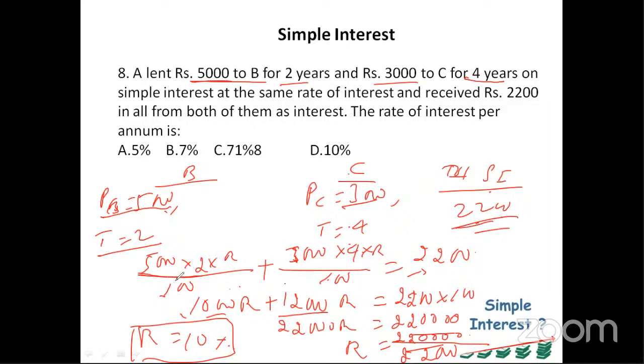So we will use the simple interest formula PTR by 100. P is 5,000, T is 2, R is R divided by 100. Same thing, PTR by 100. We add both of them because it is said in all from both of them as interest. So on doing the simplification, we get the rate of interest as 10%. I hope it is clear now.